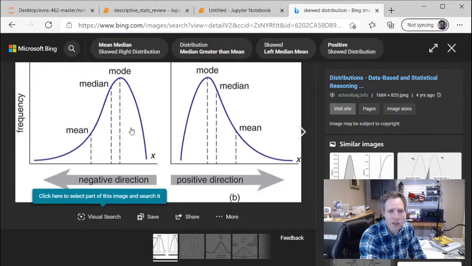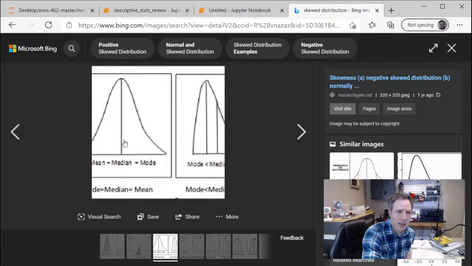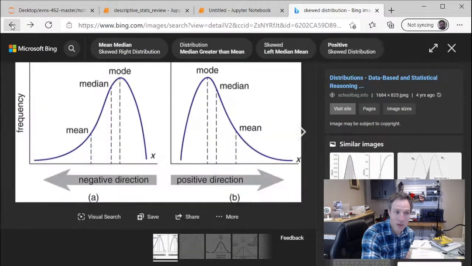All right, so in this picture here, it's showing two distributions which are not normally distributed. If you have a symmetric distribution, the mean, median, and mode are going to be at the middle. So these three measures of central tendency will be exactly the same, and they'll be in the middle of the distribution.